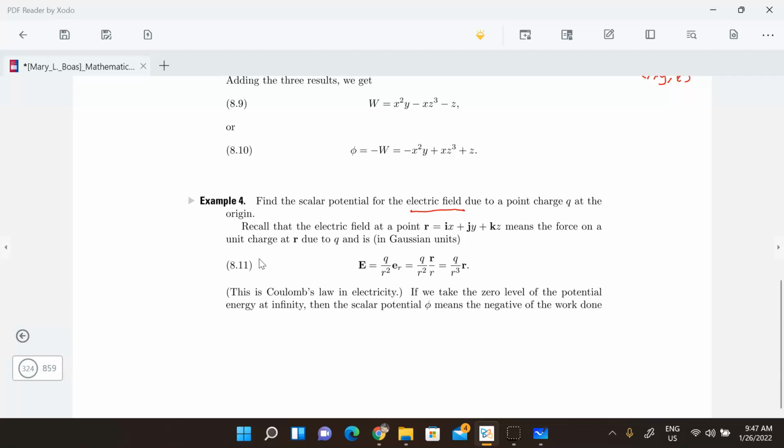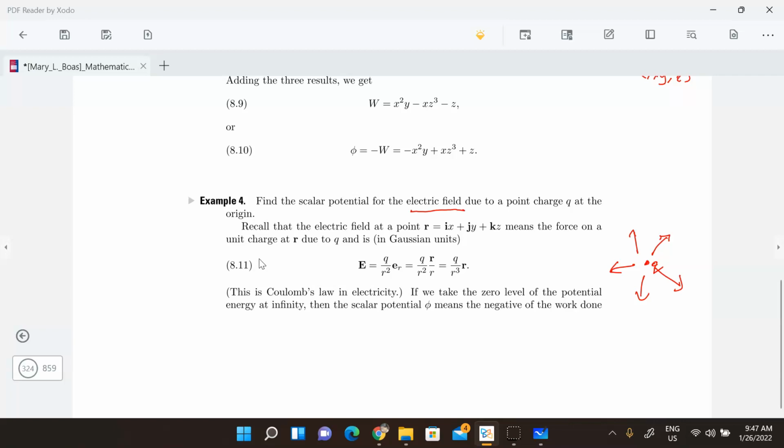So in this particular case, this is an electric field due to a point charge. This is positive, I guess. So then your electric field will be pointing radially outwards. So this is Q here. So your electric field is given by this vector, Q over R squared.